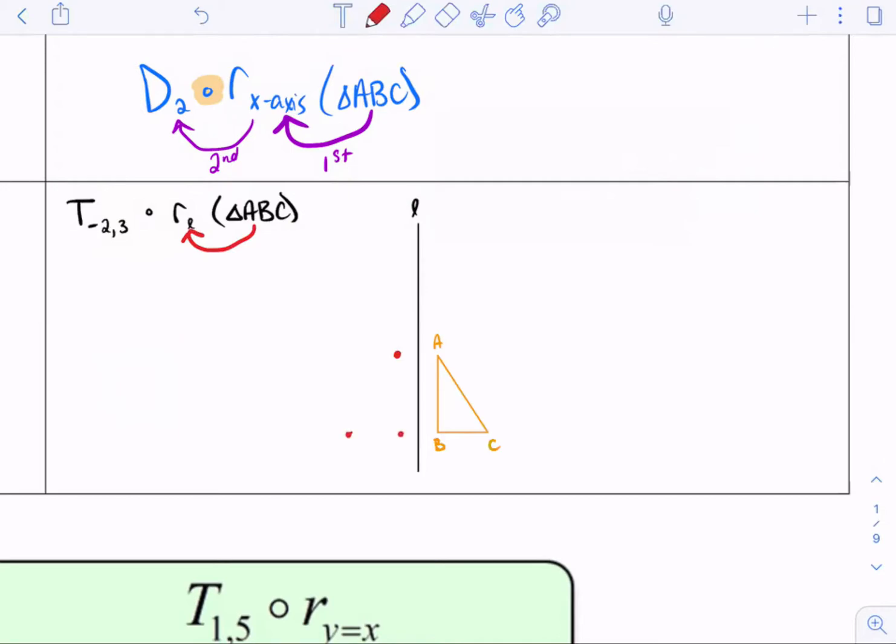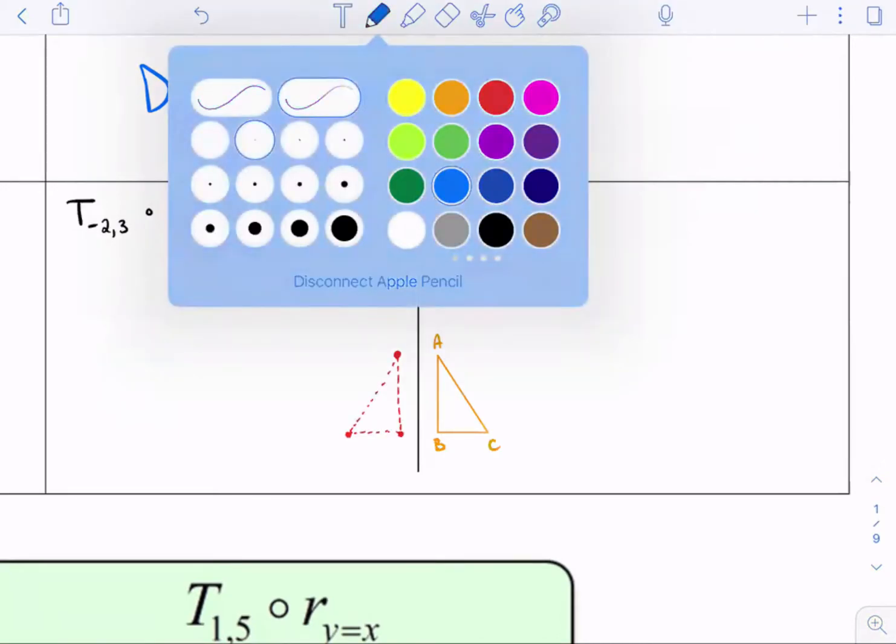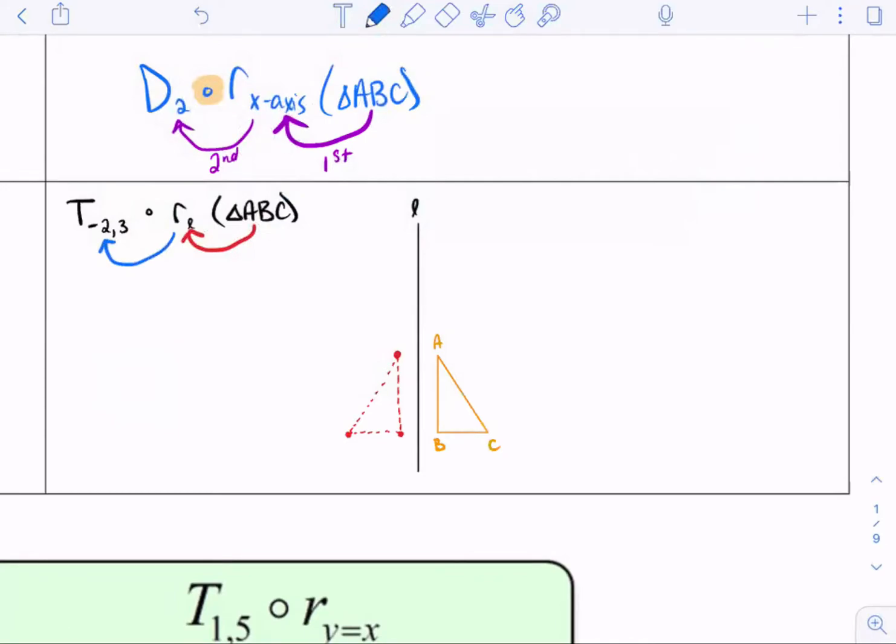Now it depends on if they ask you to label it. So here's the middleman right here. Then it asks us to translate -2, 3. So that means left 2 and up 3. So let's say left 2 and up 3.